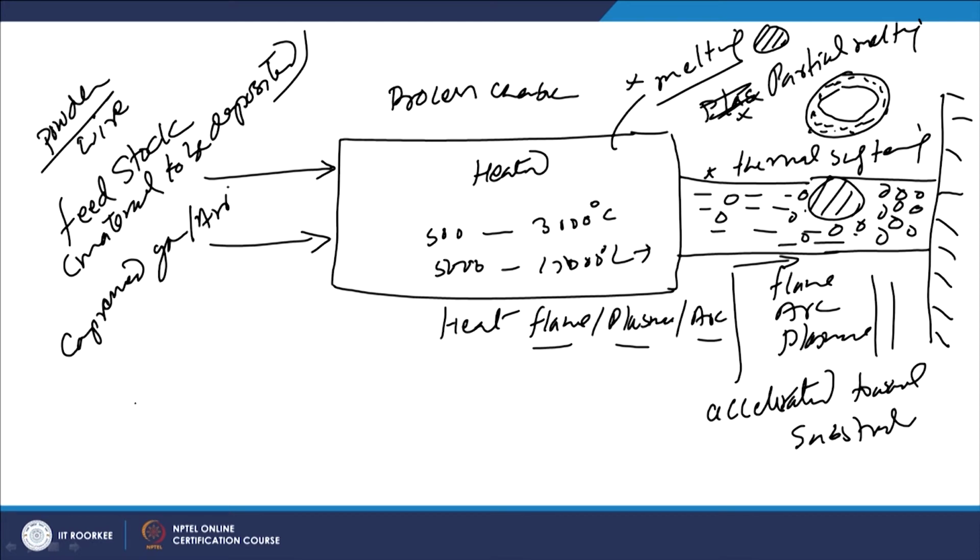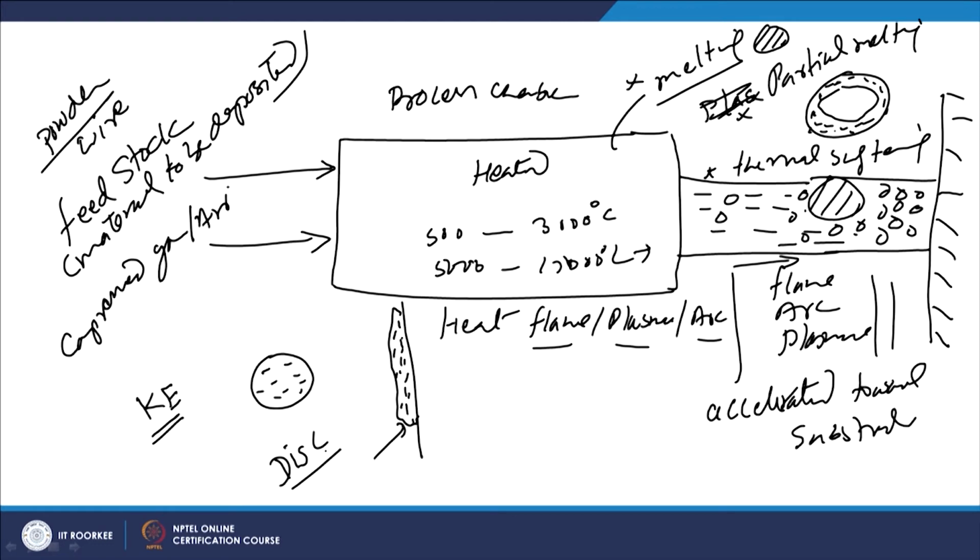Depending upon the kinetic energy of these particles at the time of the impingement, the completely molten particles which were spherical before impingement will get flattened after the impingement, and this flattening will lead to the formation of a typical disc shape geometry.